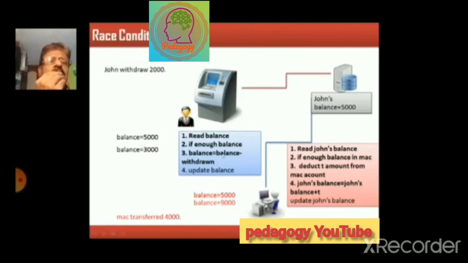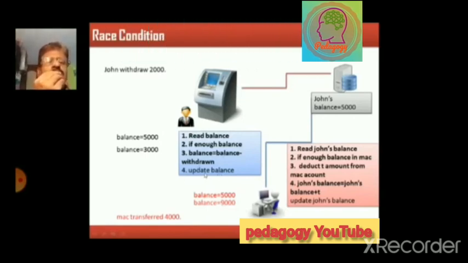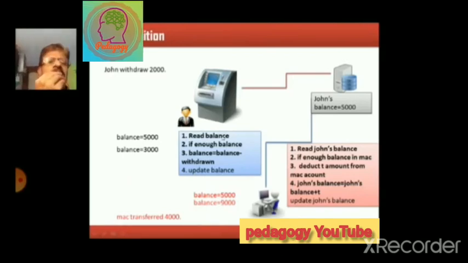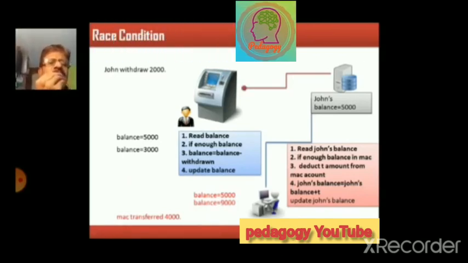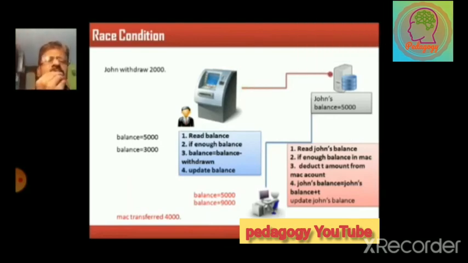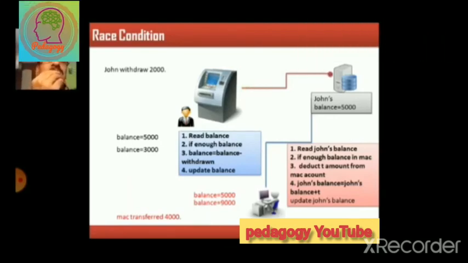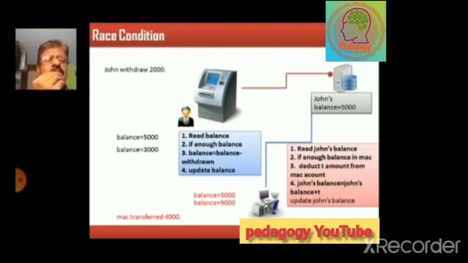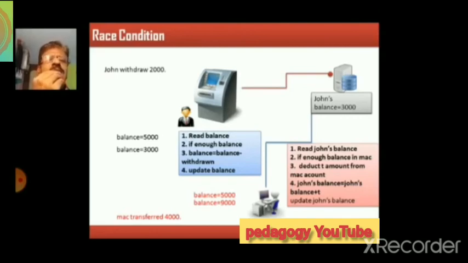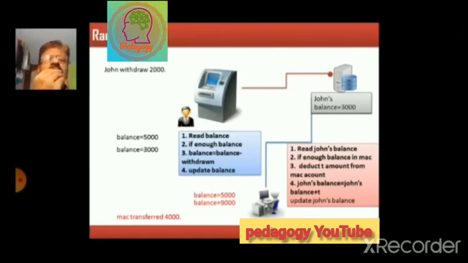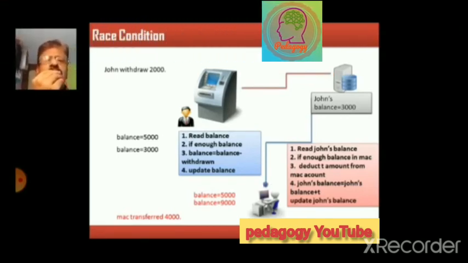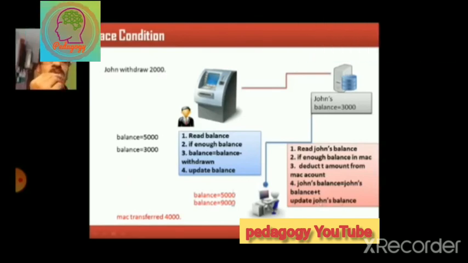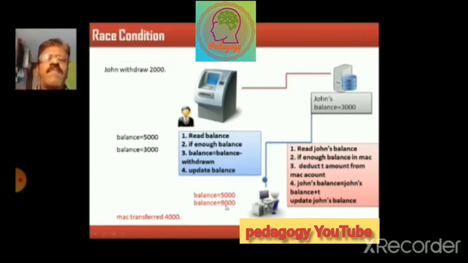That balance may be 3,000 plus 4,000, that means 7,000. It may be 5,000 plus 4,000. There are so many different cases that may happen. But if we maintain synchronization, then we can overcome this kind of race condition. So I think all of you understand what a race condition is.